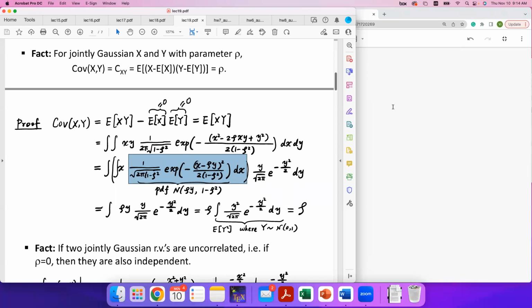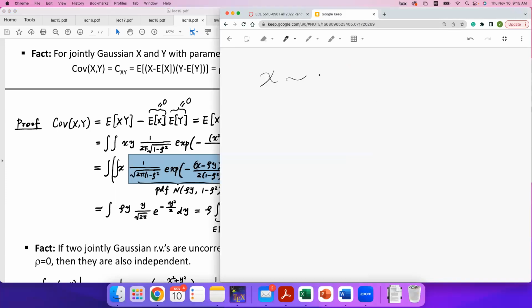By following this PDF, we can see that X follows a Gaussian distribution with mean rho Y and variance 1 minus rho squared.